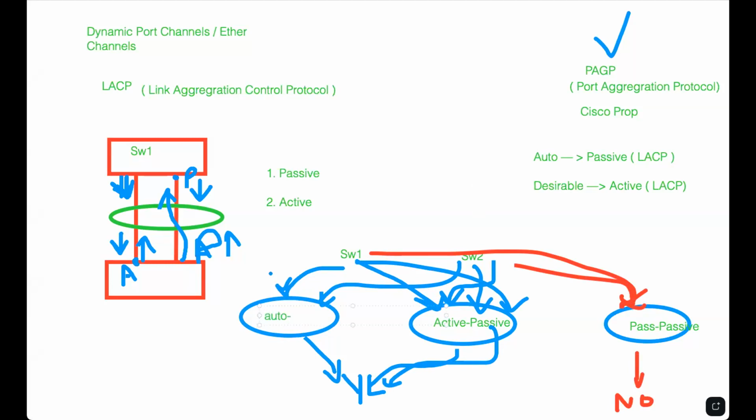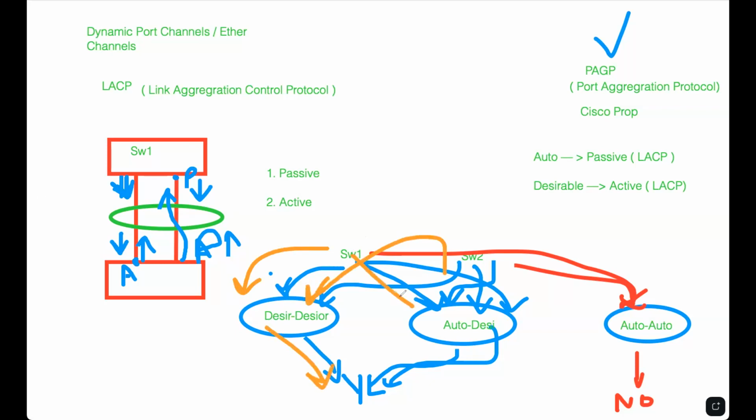Similarly, now I'm going to change to auto and desirable. If switch 1 is desirable, if switch 2 is desirable, it will form the port channel.